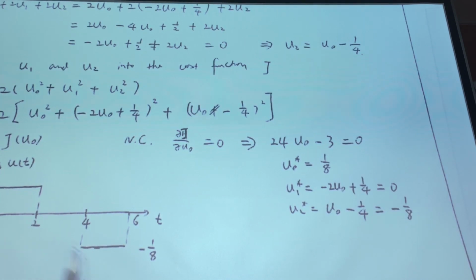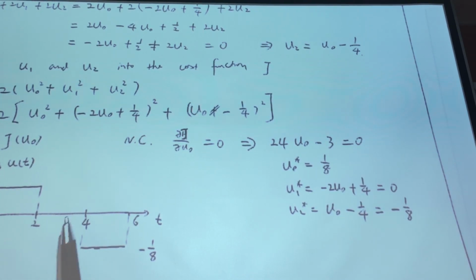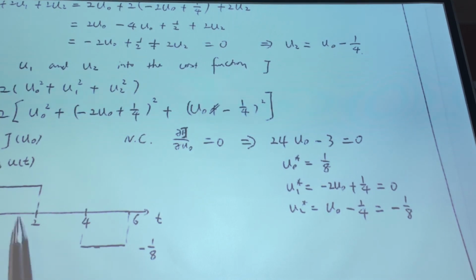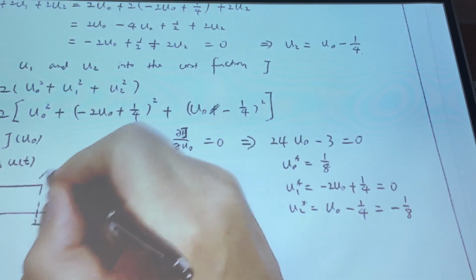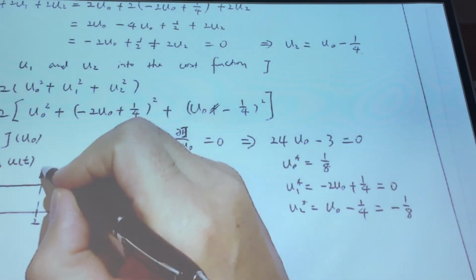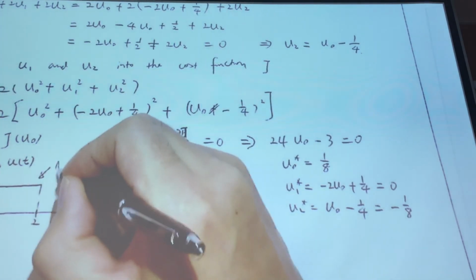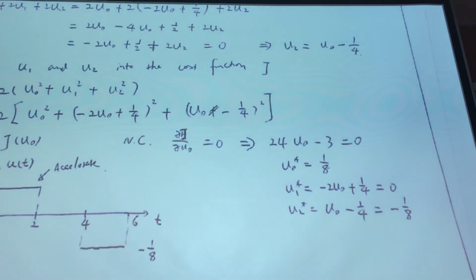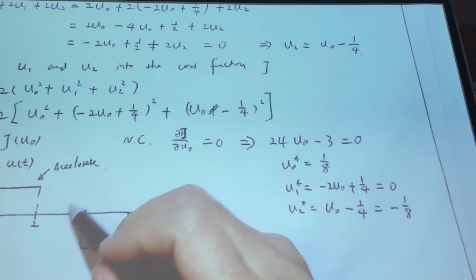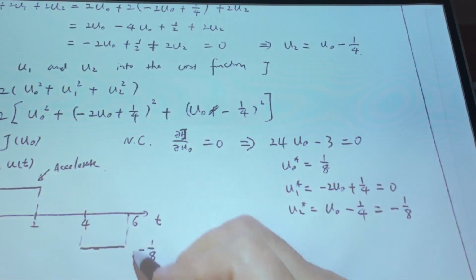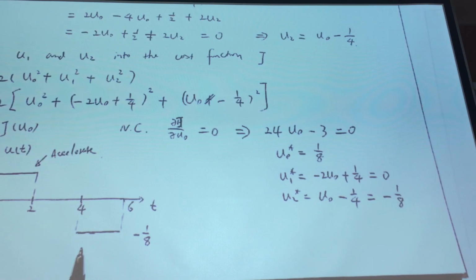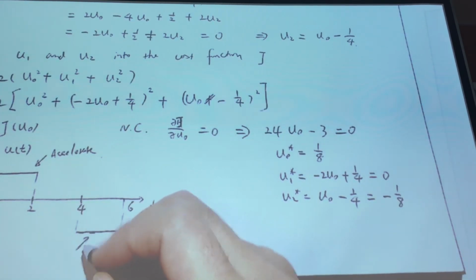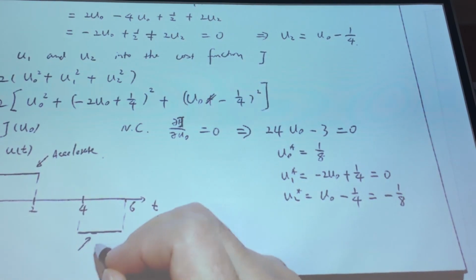The idea is quite similar to what you learn in control, because it's an optimal control problem. The first part is to accelerate, the second part is to keep the velocity, and the third part is to decelerate until the vehicle stops at x equal to 1.